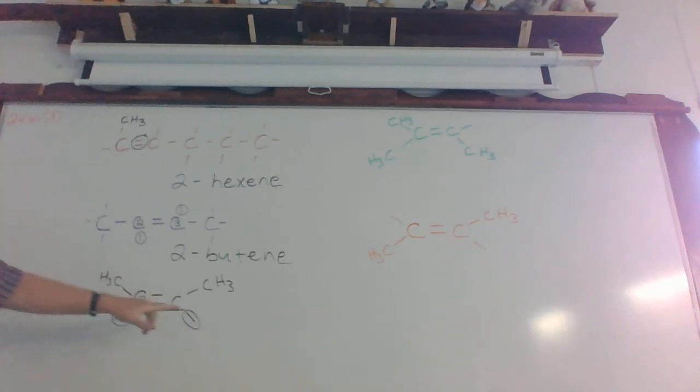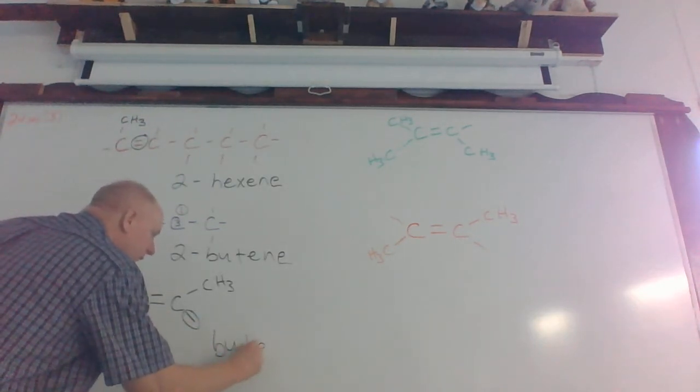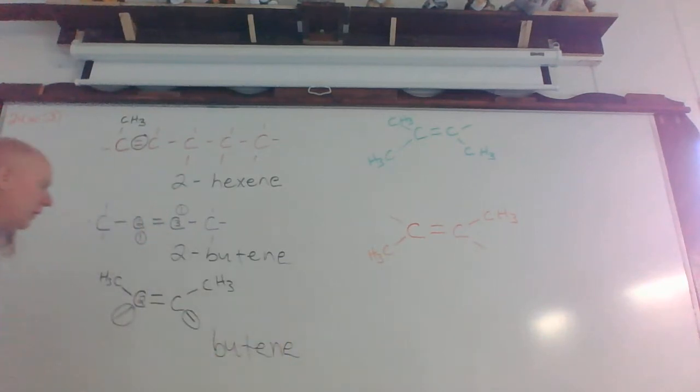What's true about these two CH3s? These are not derivatives, they are part of the parent chain. The only difference is the geometrical shape. We know we still got butene. But just like that ring structure we talked about, those methyl groups were both pointing up.